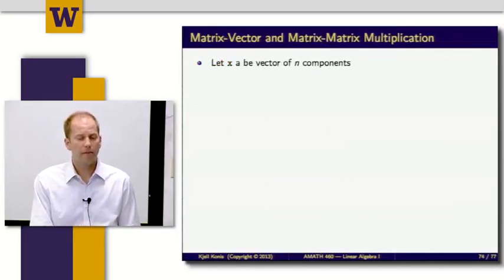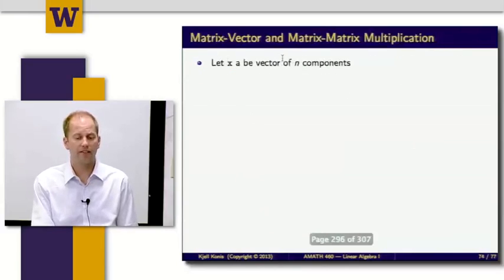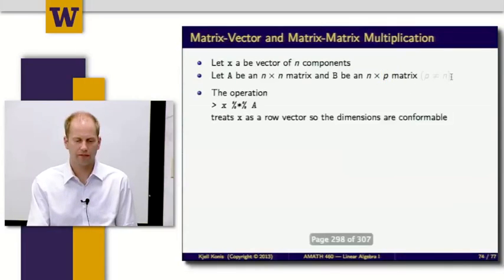So now we can think about matrix-vector and matrix-matrix multiplication. Suppose I have a vector x of n components, and let A be an n by n matrix and B an n by p matrix. I'm choosing a different letter here because I want it to actually be a different number. The operation x percent star percent A is going to treat x as a row vector.